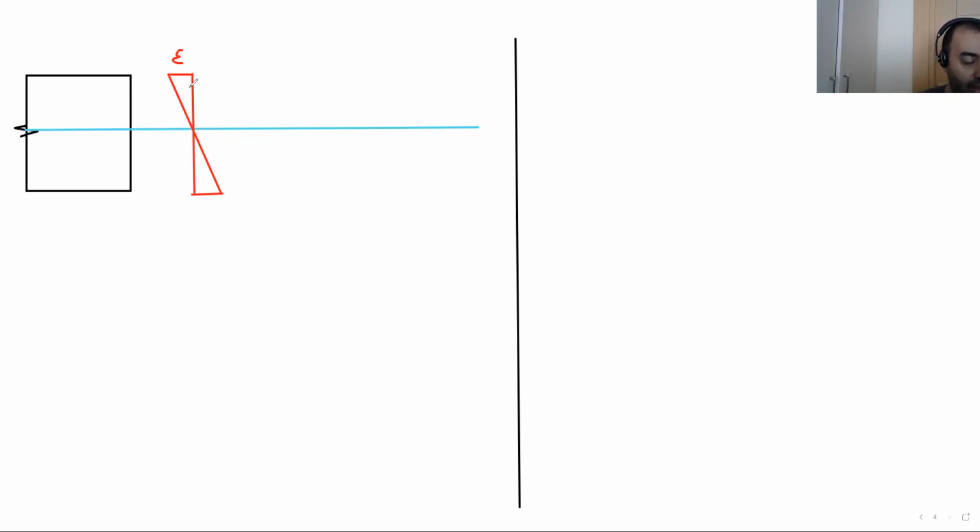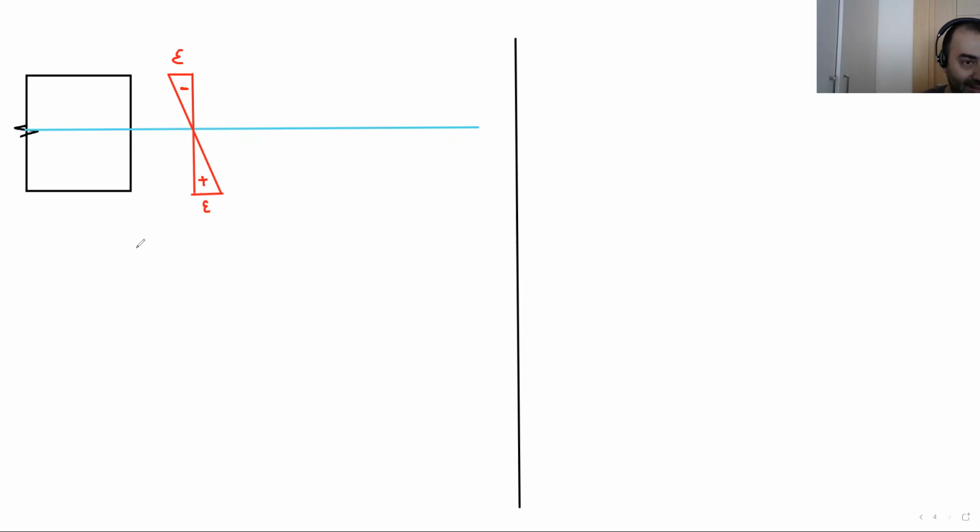If we are talking about shortening, this is a negative strain. If we are talking about elongation, it's positive strain, because there will be an increase in the member length. That's why this is positive. This is the strain distribution on the section.